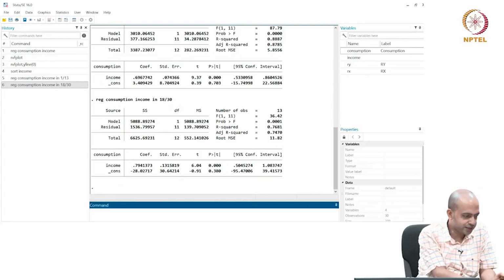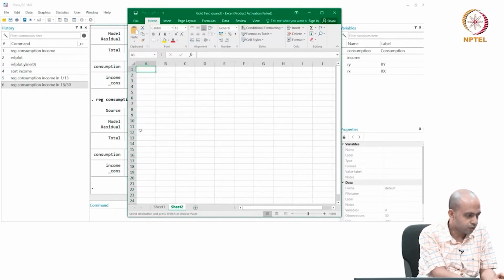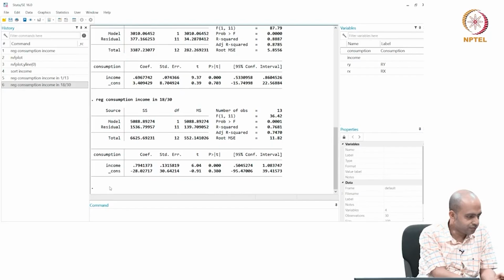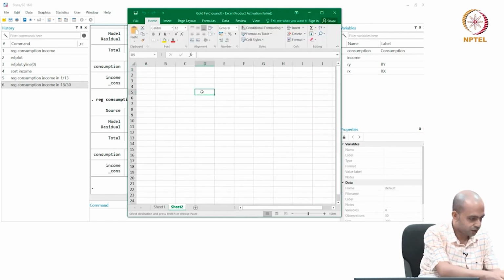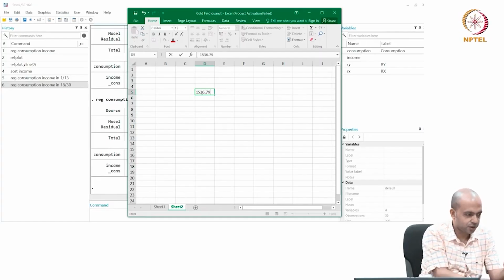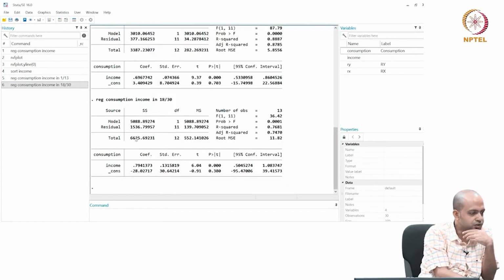I will put that on the Excel sheet, 1536.79, that is RSS2, and then what is RSS1? RSS1 is 377.16.